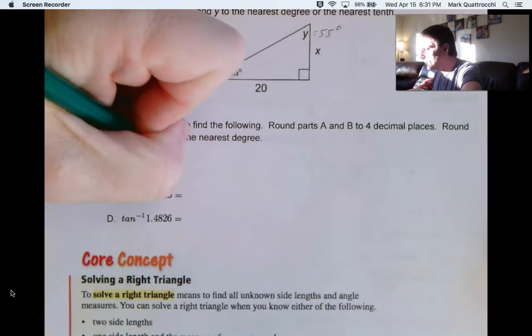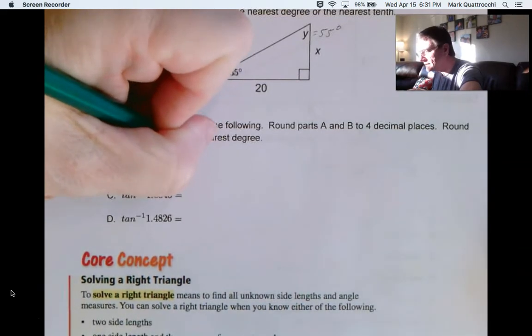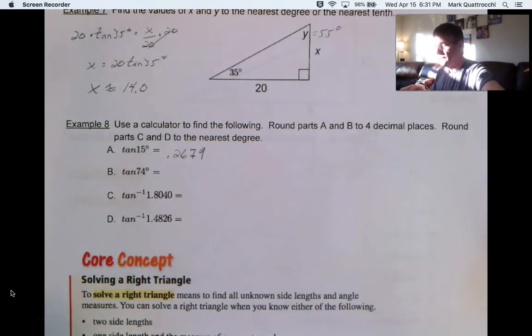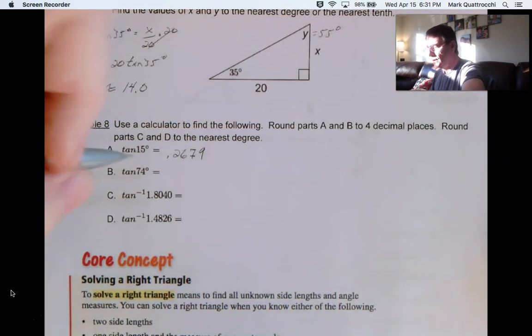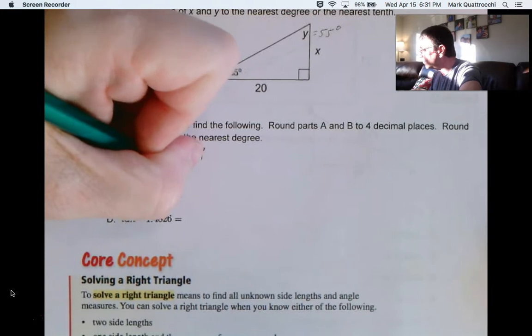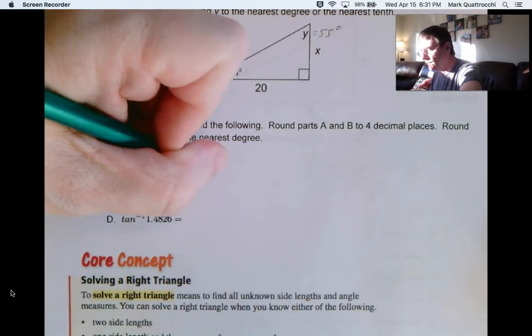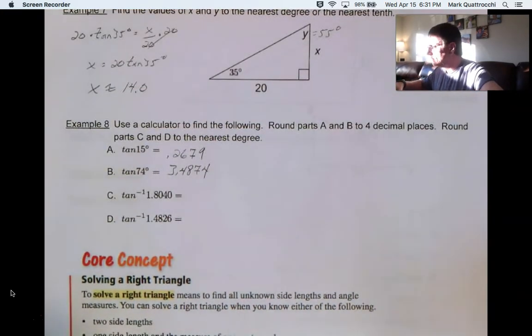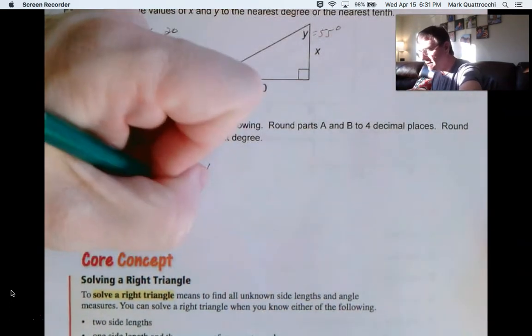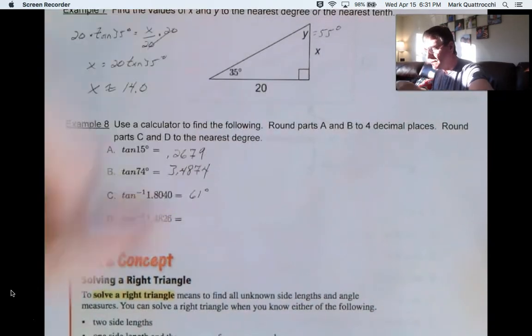I've got 0.2679. 74, tangent is 74. 3.4874. Inverse tangent. 1.8040. Inverse tangent, I've got rounded to the nearest degree, 61 degrees.